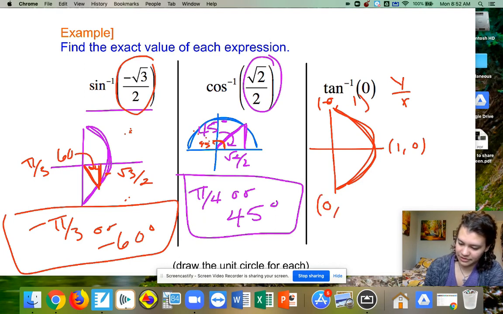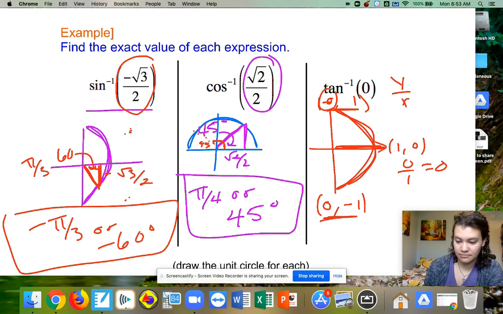On the bottom 0, negative 1. So at these top and bottom we're going to get undefined because we're going to be dividing by 0. Over here you're going to get 0 over 1, which is 0. So we need to be at this chunk to get the correct tangent value. So your answer is 0 degrees or radians.